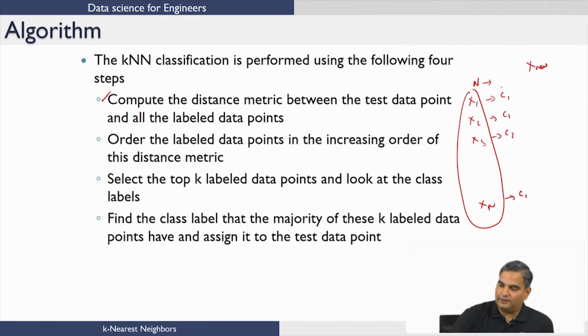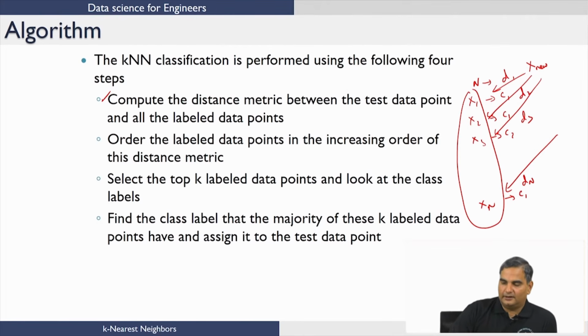So, for example, there could be a distance d1 between x new and x1, d2 between x new and x2, d3 and so on, and dn. Once you calculate this distance, you have n distances, and this is the reason why we said you need a distance metric in the last slide for kNN to work.